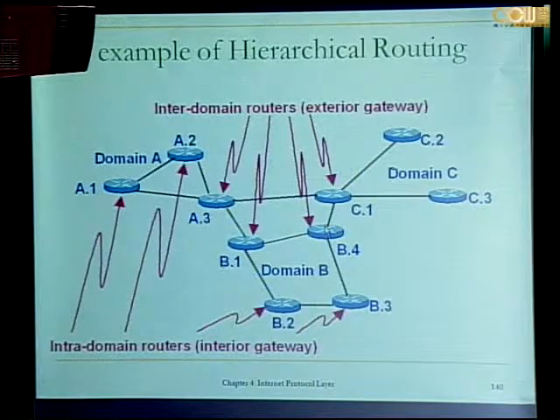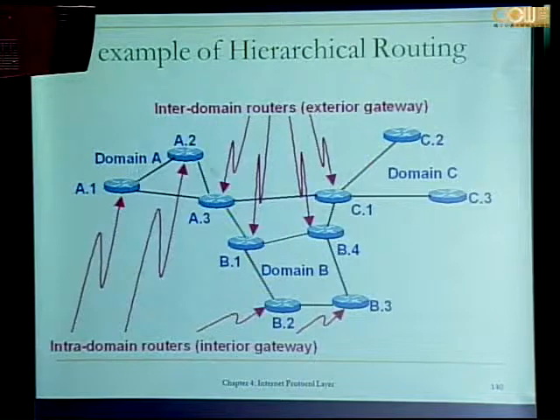Now these four are inter-domain routers, so they will run the inter-domain routing jointly. But within domain A, these three routers together will run intra-domain routing.